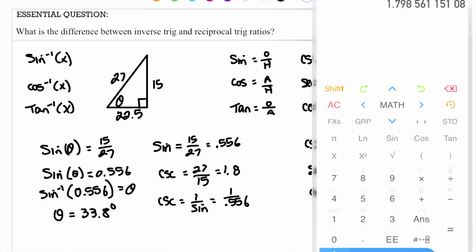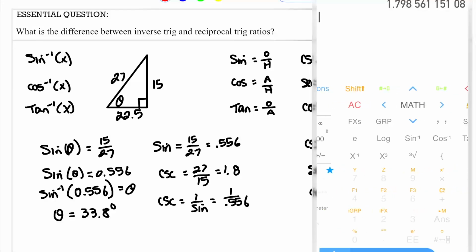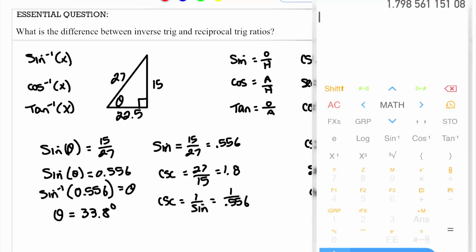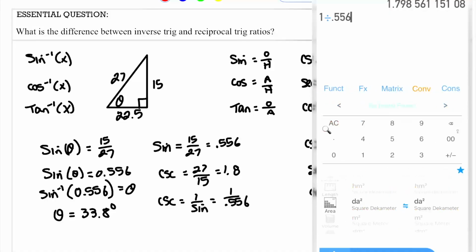You're changing what you're looking at as the numerator and denominator, whereas inverse, you're looking for an angle, which is when we use the calculator and use shift sine and shift cosine, shift tangent to calculate the inverse of that ratio we're given in order to find the missing angle.